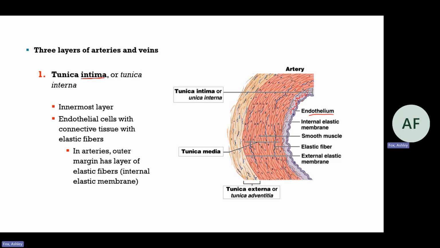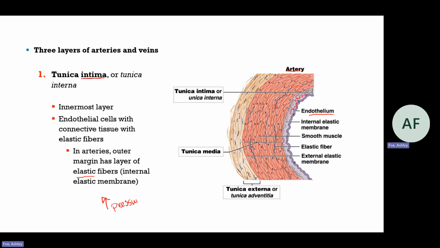In arteries, you're going to see a layer of elastic membrane. So this is showing you a picture of an artery. You can see this red squiggly line going down. That is going to have a layer of elastic fibers, so a layer of stretch. So think of arteries as higher pressure.